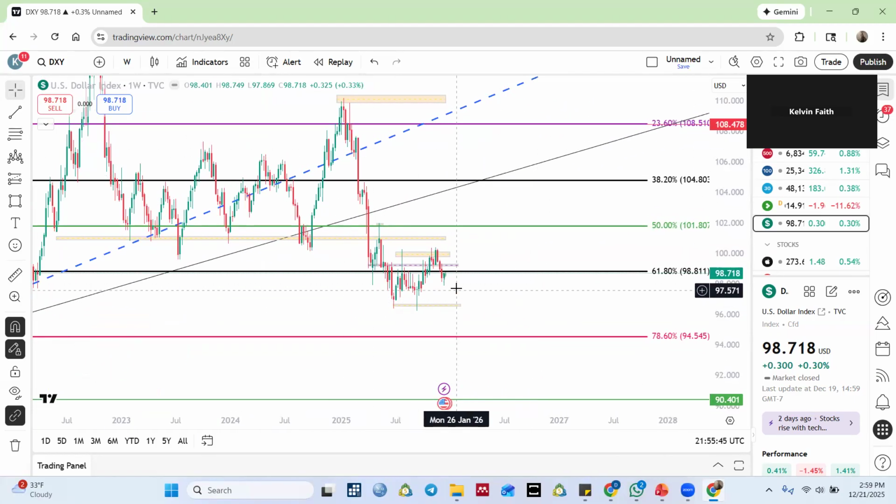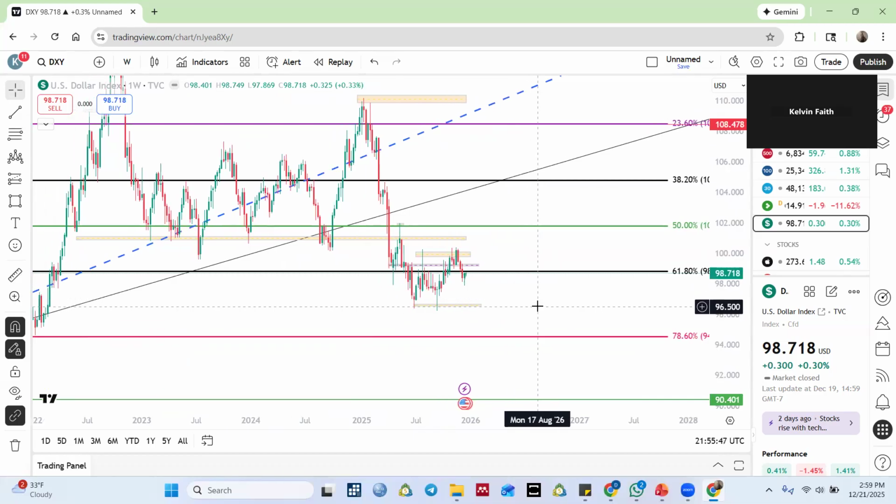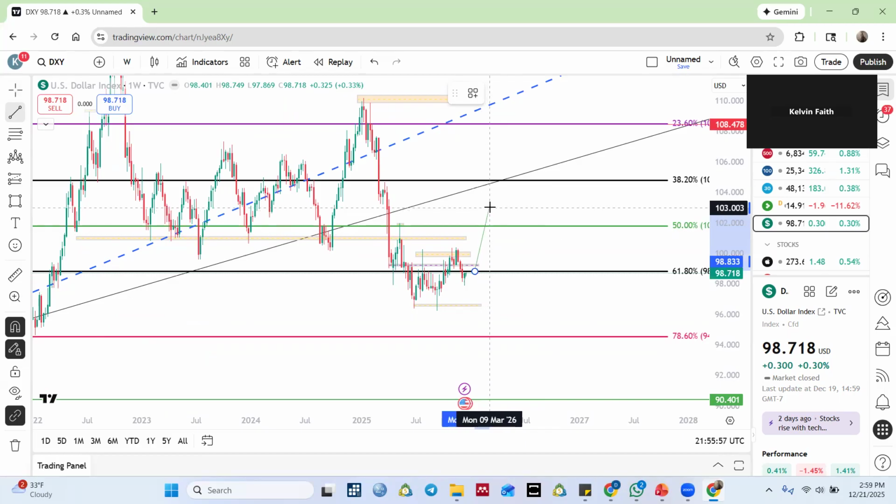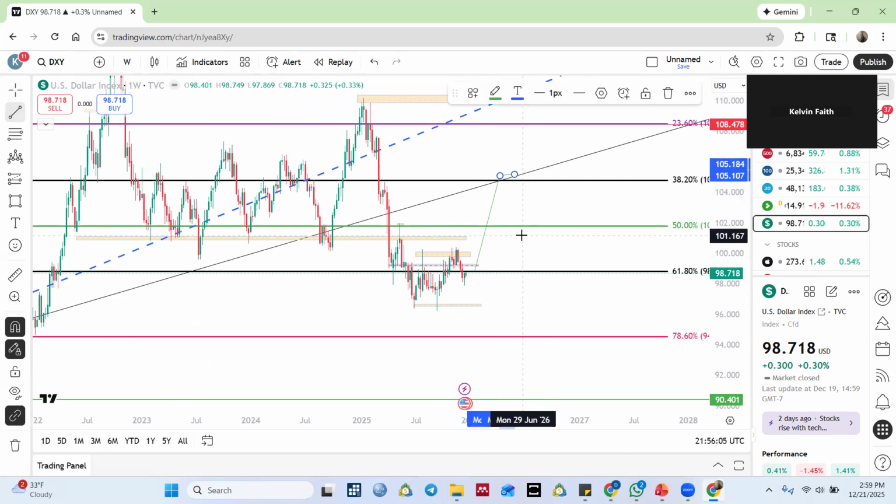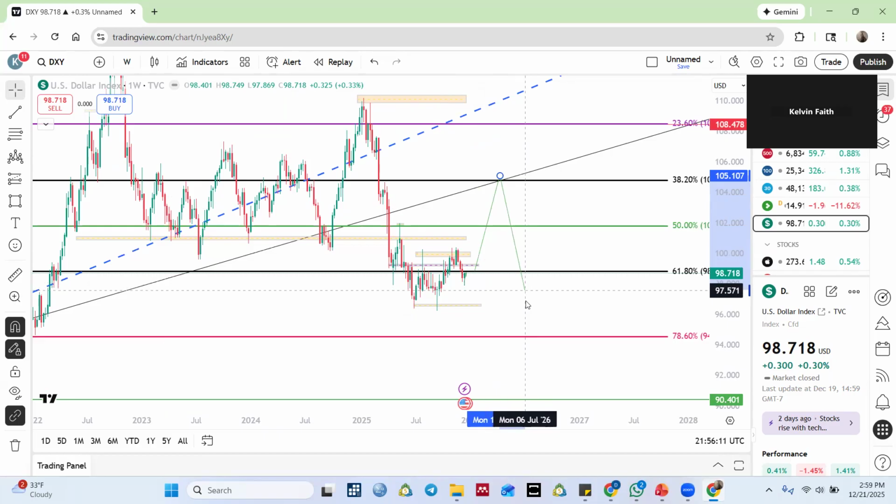Price drops to 61.8. Two things can happen. It's either price will stay above the 61.8 and push up to 50 again or 38, which is here. Then from 38, it will drop to 78.